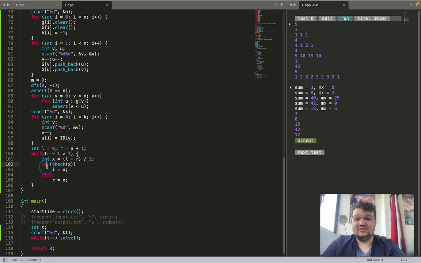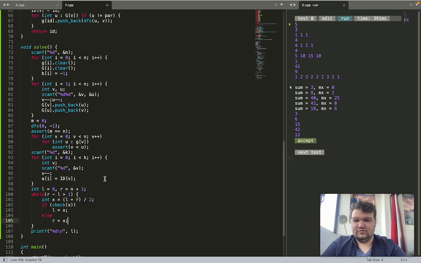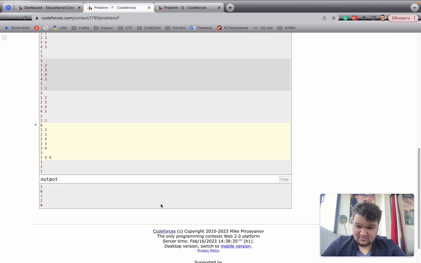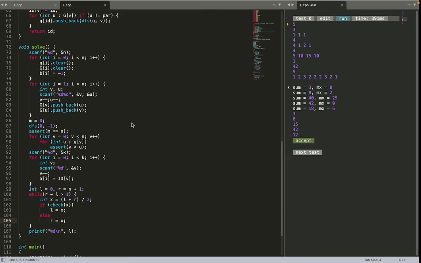So if it is good, then update L, otherwise update R, and we can play this number of moves. That sounds right. Maximum number of moves we can perform.